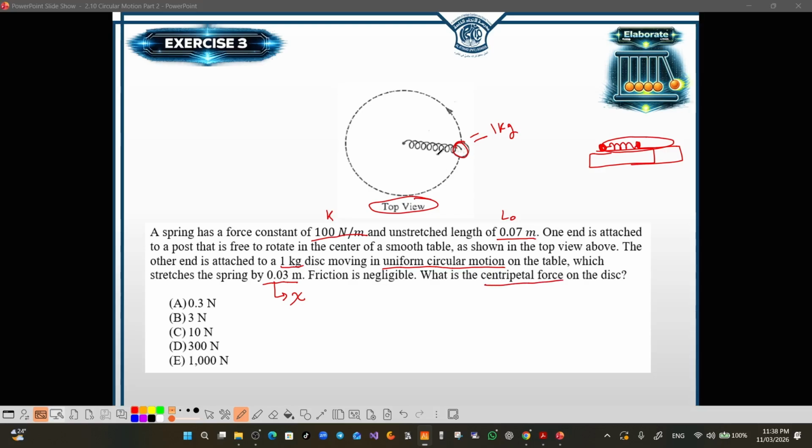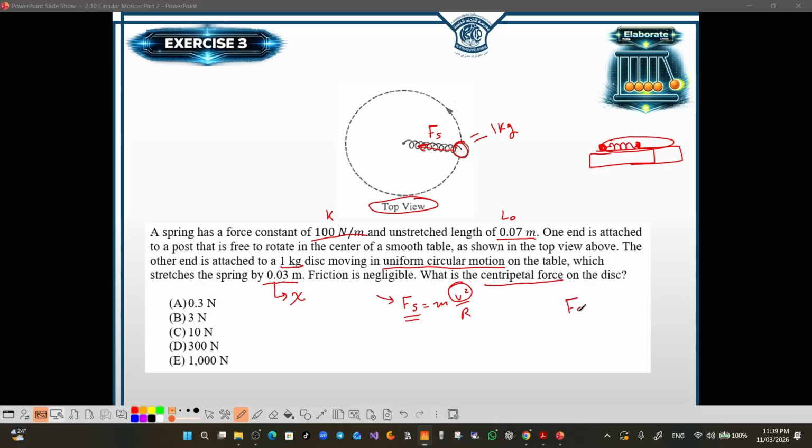We know that in this case, the centripetal force will be the spring force, or the tension force. The centripetal force, Fc, can be written as mv squared over r. However, we don't have direct access to the speed of the object in this case. Our target is simple: to find Fs.